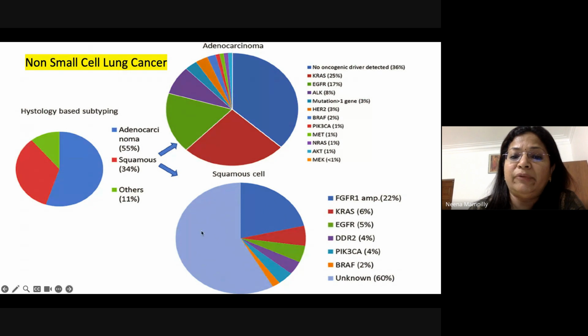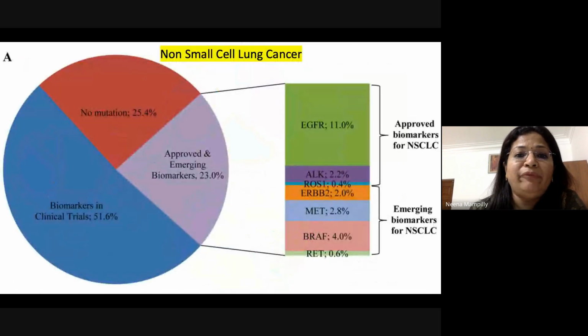The majority of squamous cell carcinomas, 60% of them, there are no mutations, it's unknown. Whereas you have the other mutations, lesser percentage of squamous cell carcinoma. So it's important for the pathologist to give the histology based subtyping.